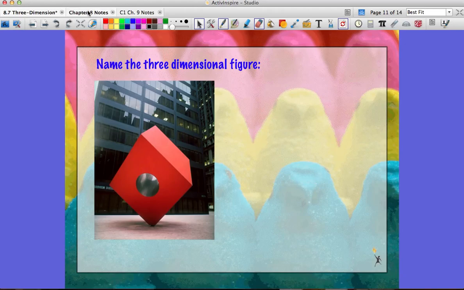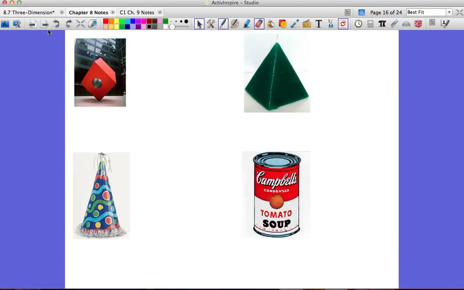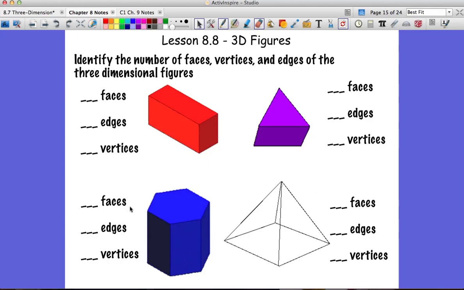All right, in your notes you also have this page, and it asks you to identify each of these shapes. I want you to do this on your own, and this is the other part that I would like you to post to Edmodo. So you have to post your answers to these two problems, and make sure that you tell me. I will call this problem number 1, and you have to tell me faces equal, and then put your answer.